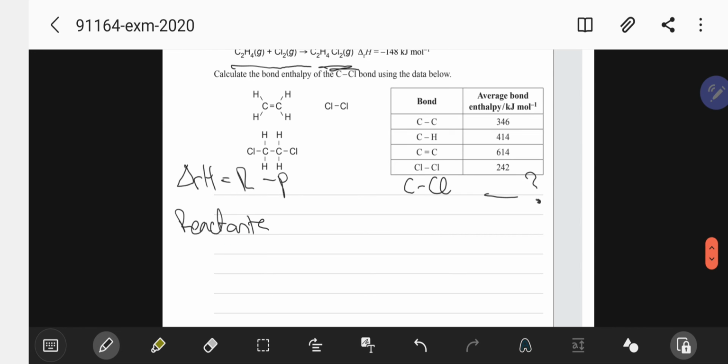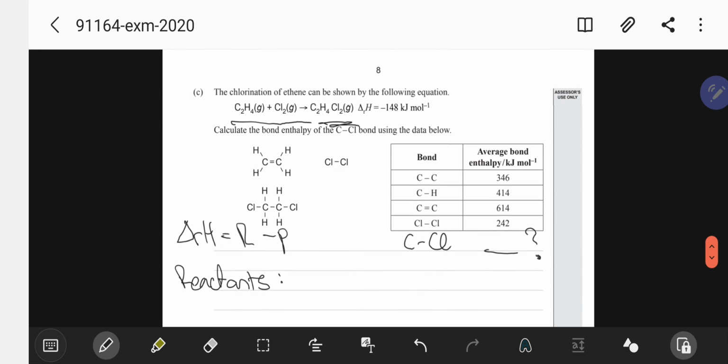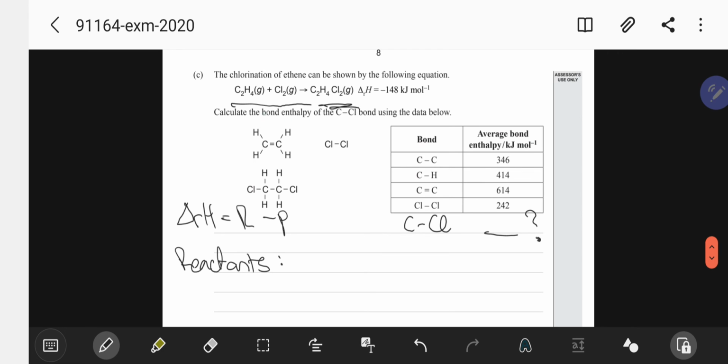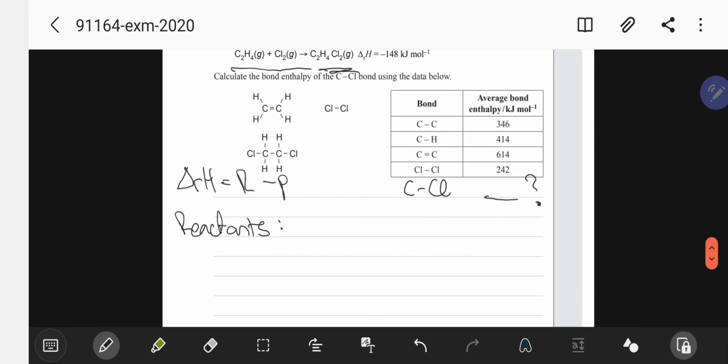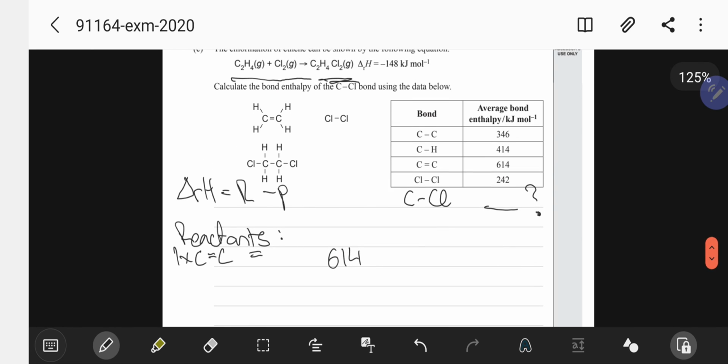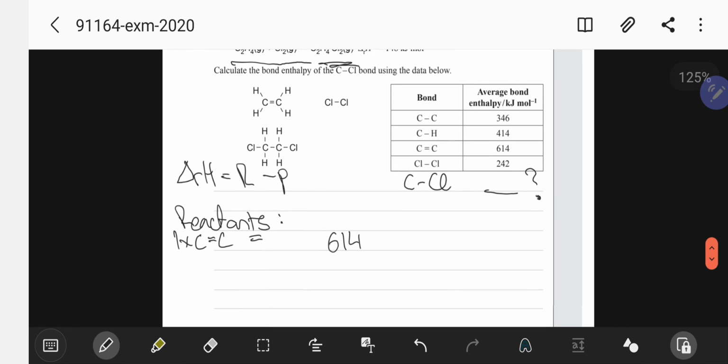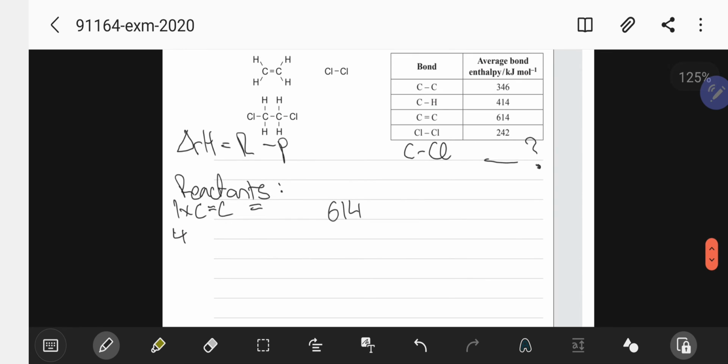So reactants, we have C2H4, so there's one C=C double bond, 1 times C=C, and that is 614. We have 4 C-H bonds, 4 times C-H, which is 414, so 4 times 414.